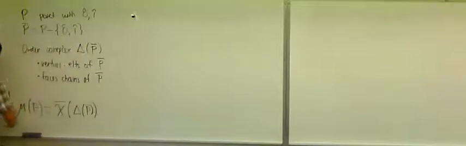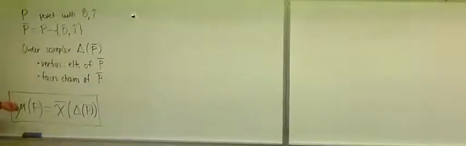And so the main theorem that we proved last time, beautiful theorem, is that the Mobius number of my poset P is equal to the reduced Euler characteristic of the order complex of P bar. Okay.